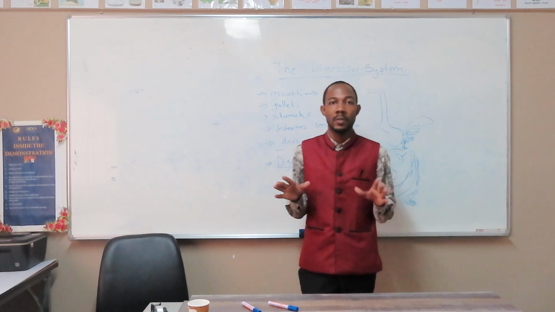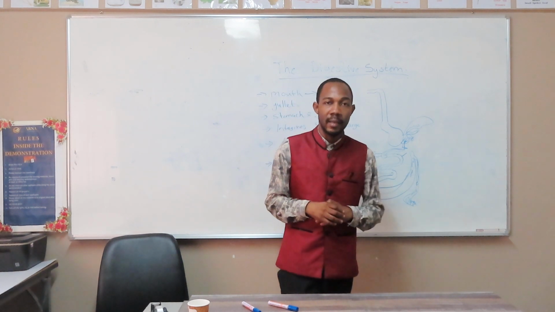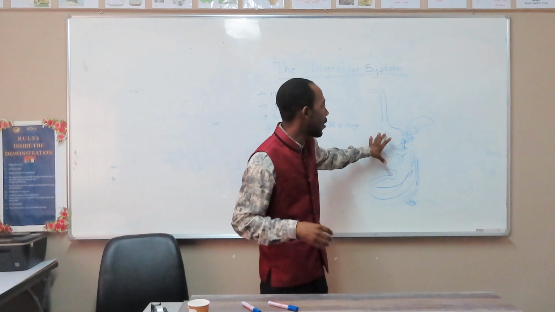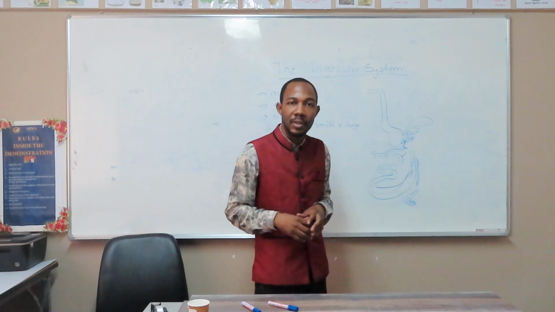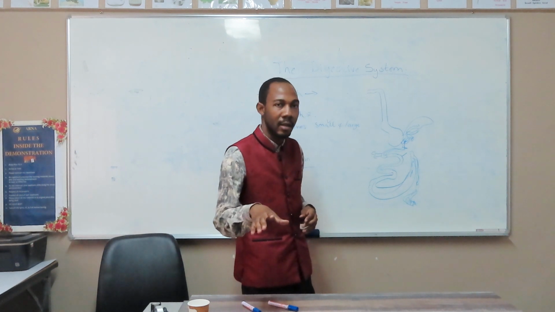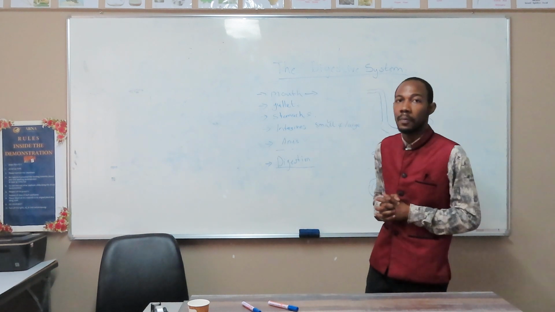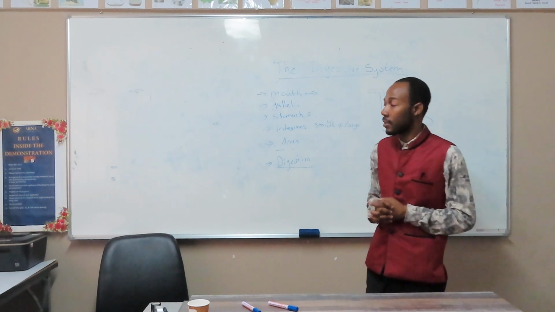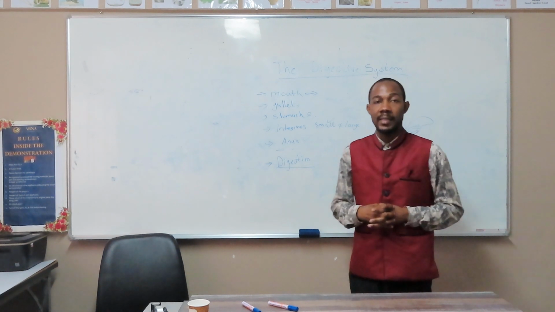So never confuse excretion and secretion. Like I said, this is happening inside the body. So the pancreas is going to secrete the pancreatic juice and it's going to help in the digestion. So basically this is a small summary on the digestive system.